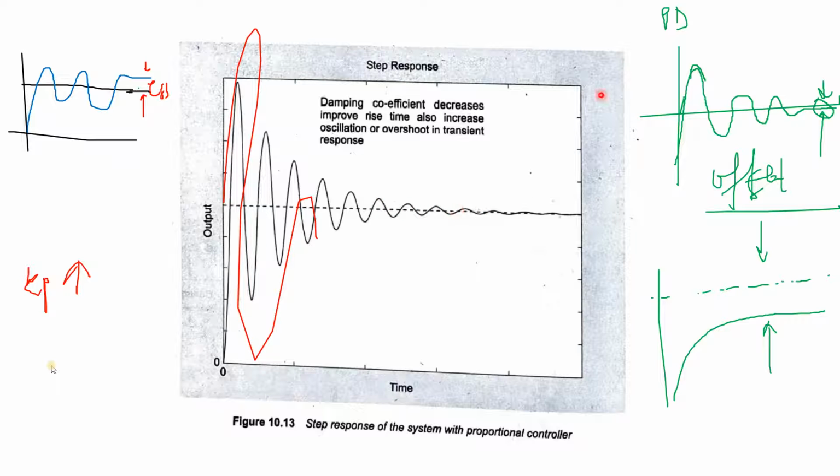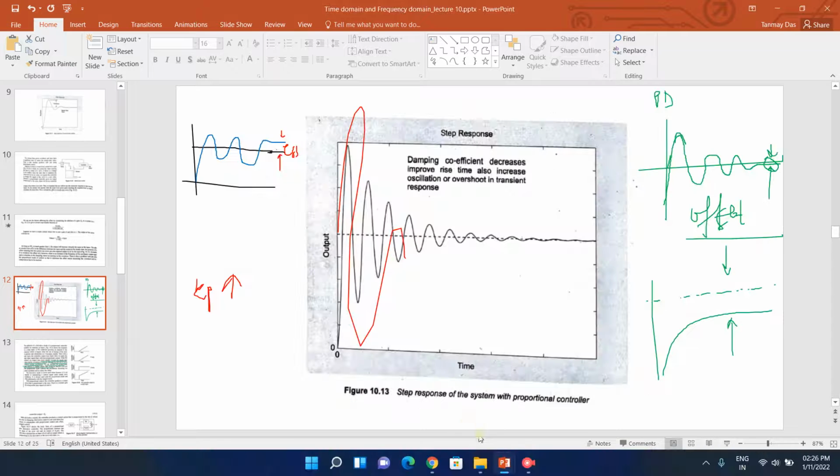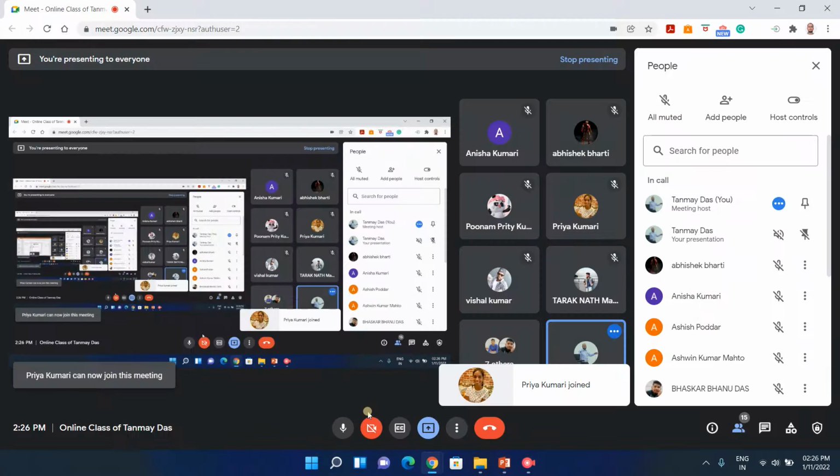That was the disadvantage. To overcome that, the PD controller is used. Since it acts upon the rate of increase of the error, it reduces the overshoot. But the offset, it cannot reduce totally. Okay, this is the PD controller.